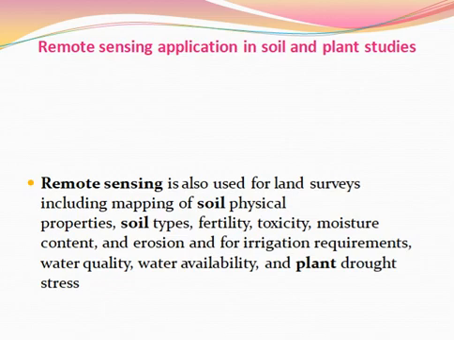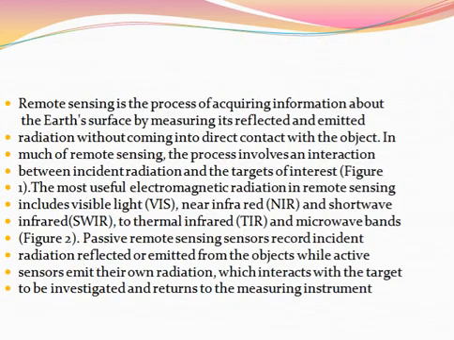Remote sensing is also used for land surveys, including mapping of soil physical properties, soil types, fertility, toxicity, moisture content, and erosion, and for irrigation requirements, water quality, water availability, and plant drought stress. Means it is used to study soil fertility status and plant nutrient availability status, and also some water quality features.